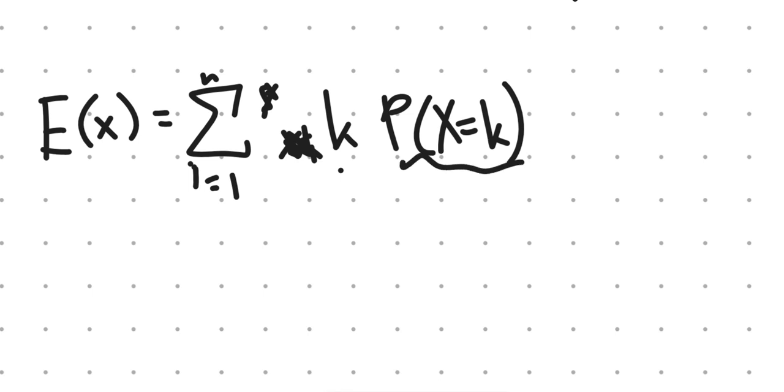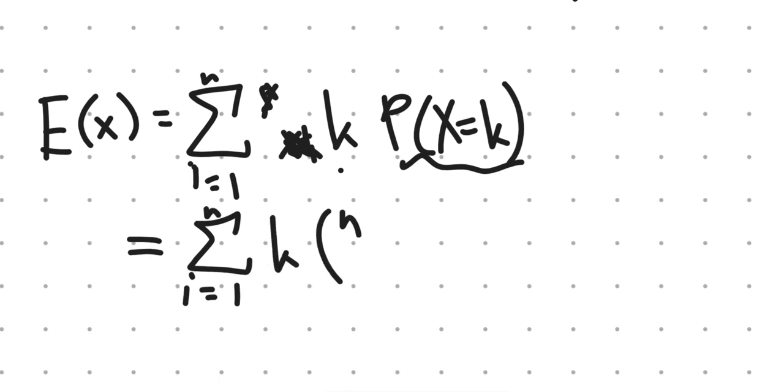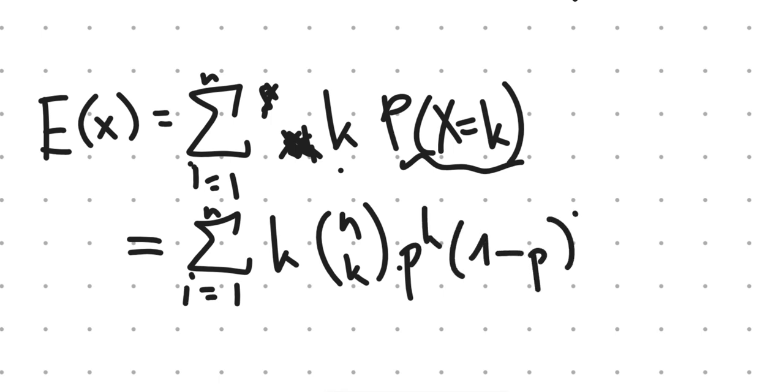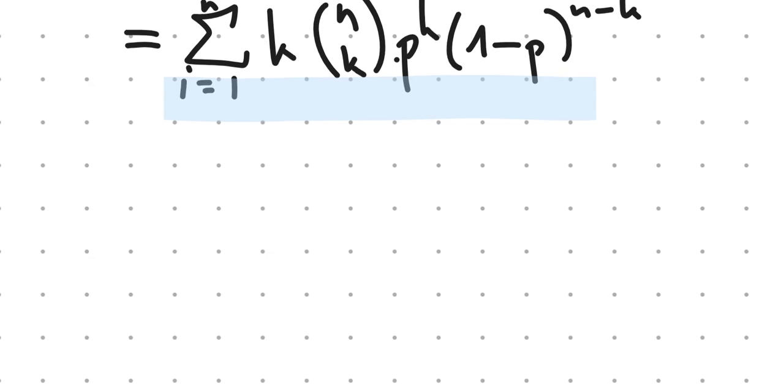Now P of X equals k, we know this one, so the sum from i equals 1 to n of k times n choose k times p to the k times 1 minus p to the n minus k. So this is how far we have come.